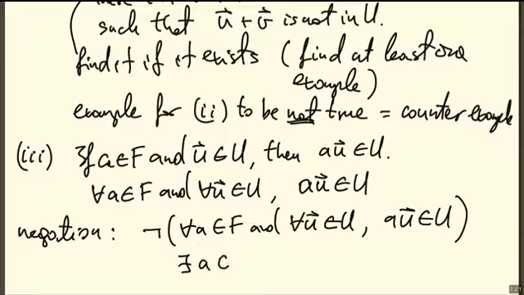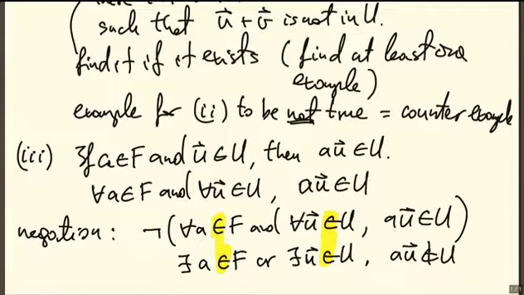There is an a in F, or, "and" changes into "or", then this universal also changes into existential. There is a u in U. When you negate this part, this last part turns into not in U. And that's the equivalent statement for the negation.